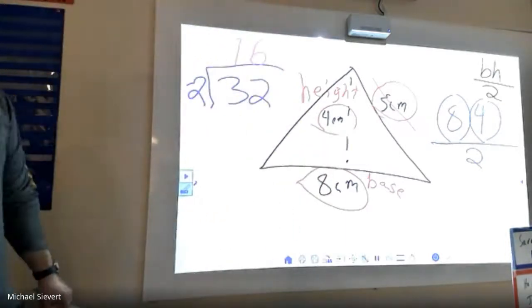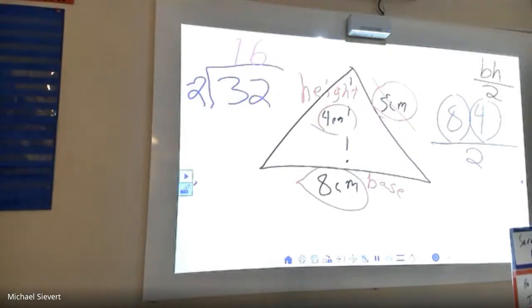Now, do we leave it at 16 though? We have to have a label, because you've been seeing my homework when I get it back to you. I circle the areas where you need a label. What would the label be for 16? Marquise? Height? No, height is a word, not the measurement. Jonathan? Centimeters, but that's not all.